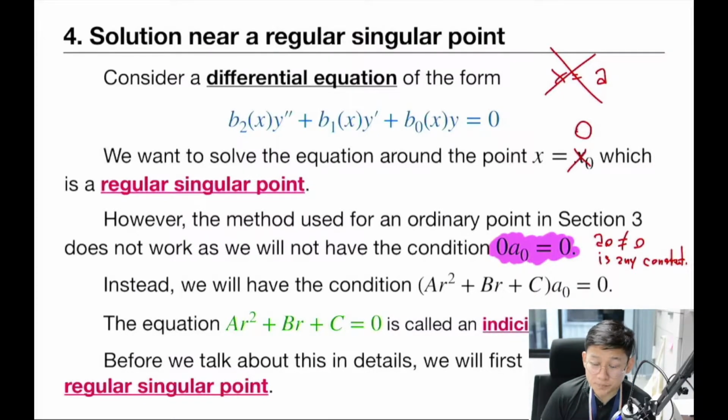Then we may get 0·a1 equals 0 as well, so a1 is any constant as well, and then we can find a2, a3, a4, a5, a6 and so on using the recurrence relation.